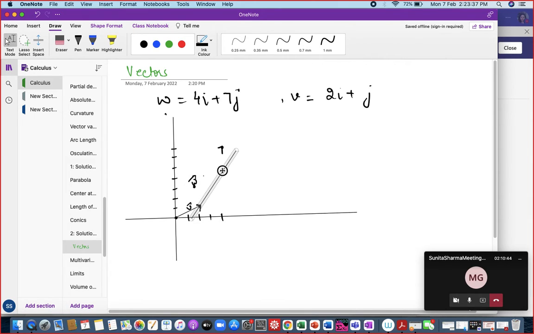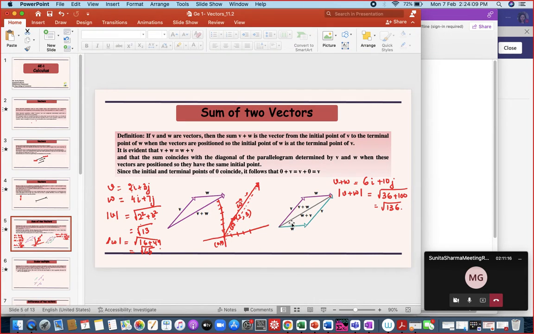Now I will move its initial point to the terminal point of v. This is how my w gets shifted. Have you understood how you have translated? Yes, ma'am. So now your w comes here. We want to shift it in such a way that its initial point coincides with the terminal point of v, or you can do the other process, shifting it such that both have the same initial point.